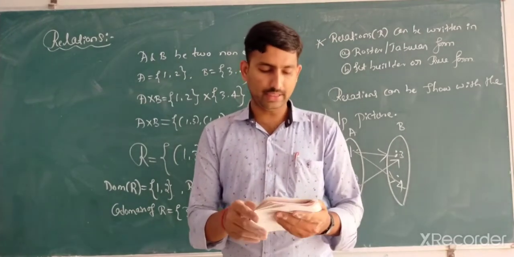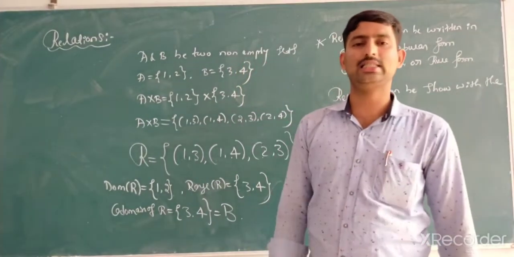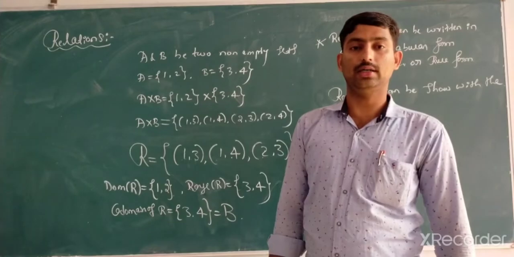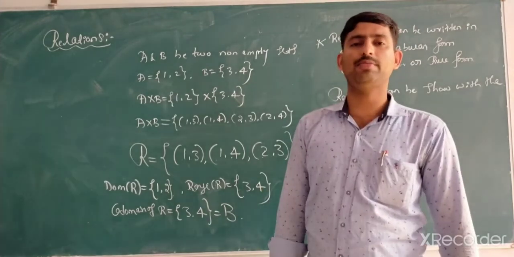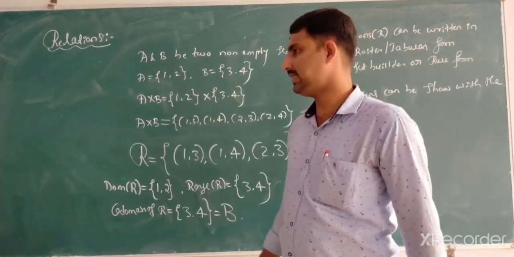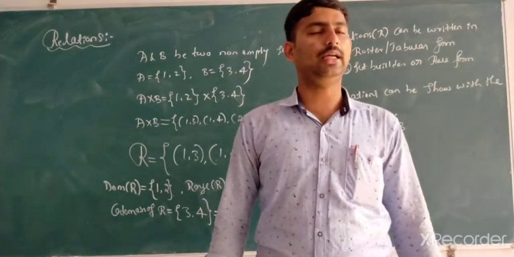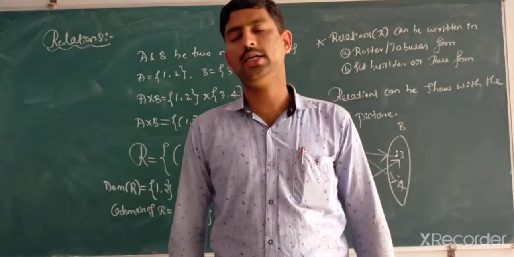Some examples we will see in the next class. These are some basic things. Today's highlight point is that a relation is a subset of the Cartesian product A cross B.